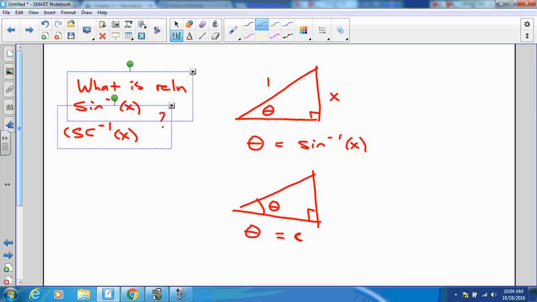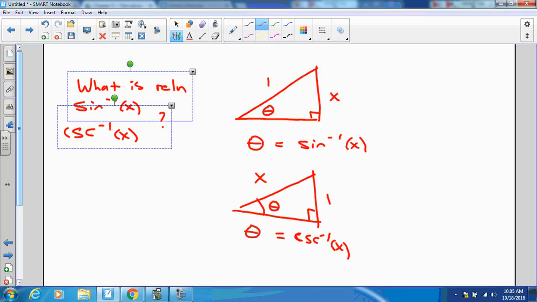Well, if I draw myself a right triangle that represents inverse cosecant, then now I need to draw for myself a triangle whose angle has cosecant x.